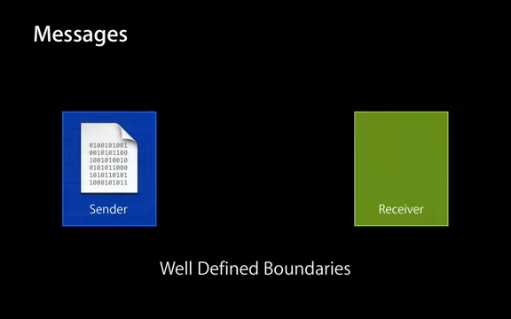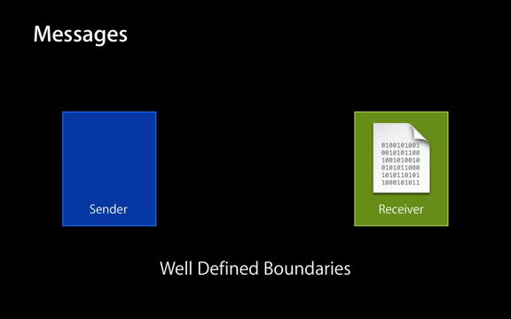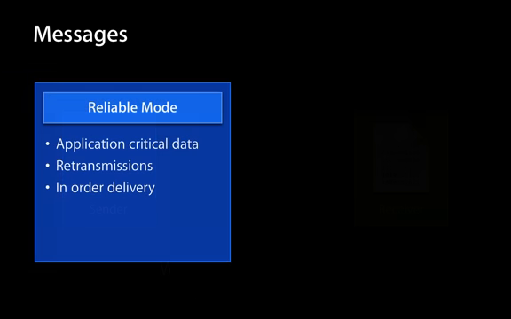By message, I mean a chunk of data, any chunk of data, with well-defined boundaries. So it's very clear where the message starts and where the message ends. So if you send a message in one call, you will also receive a message in one call. We provide 2 different modes to send messages for you.